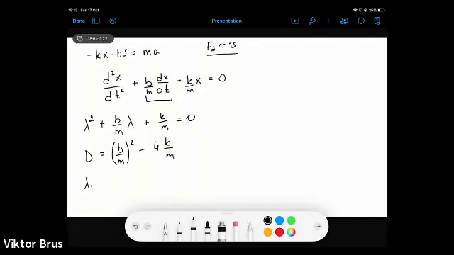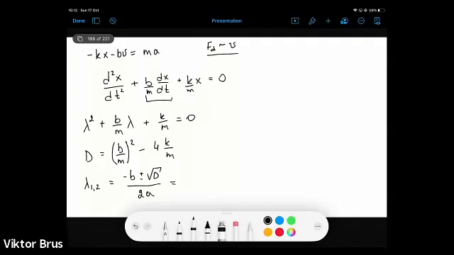And for the solution of this quadratic characteristic equation, we have two solutions, lambda 1 and lambda 2. Let's write it in general: it will be minus b plus minus the square root of the discriminant divided by 2a.